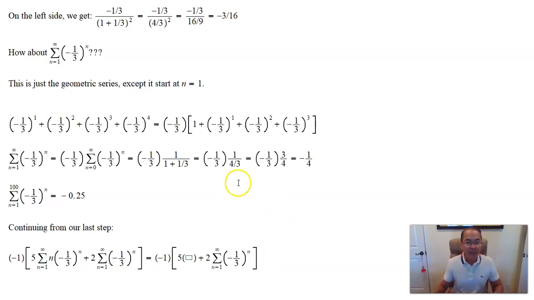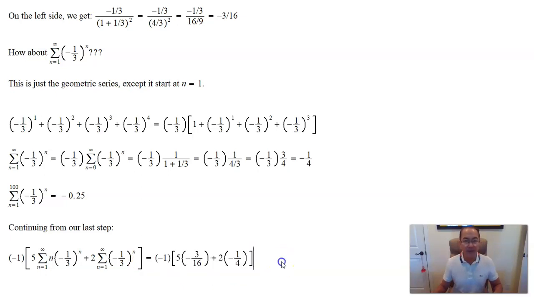Let me put a fraction, minus 3 over 16. I'll include the minus sign. 5 times negative 3 over 16 over there. And we have 2, and we said the second one is minus 1/4. So, you know what, I can keep that one. That's more clever. Minus 1 over 4 right there. Okay. So, what do we get?